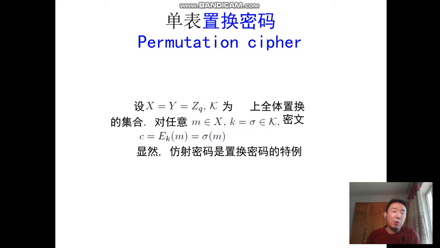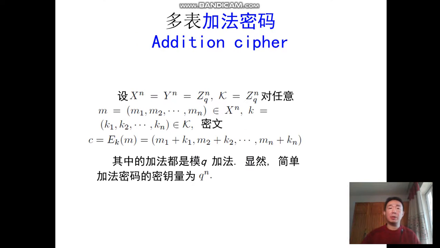In fact, for letter Z, we have no other choice. So the result is factorial of 26. Okay, we have completely addressed the contents of single table ciphers.